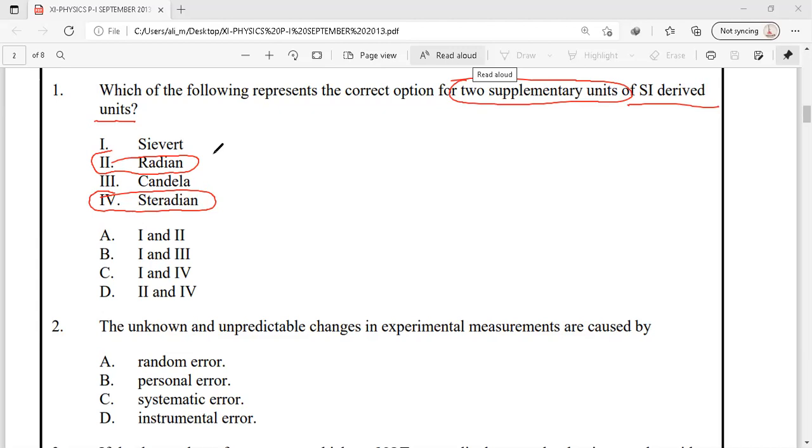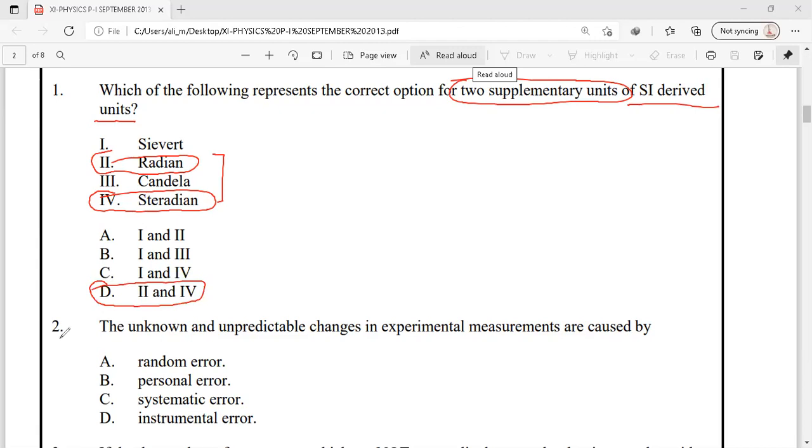These two are supplementary units that are used to measure angles. So 2 and 4 is the correct answer, that is option D.